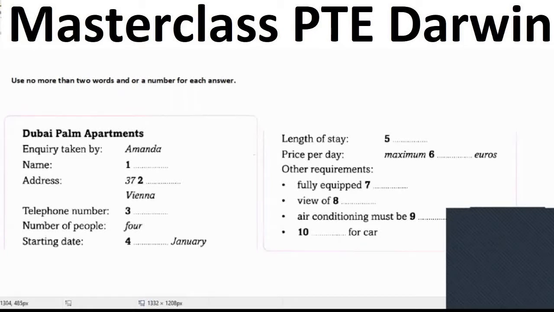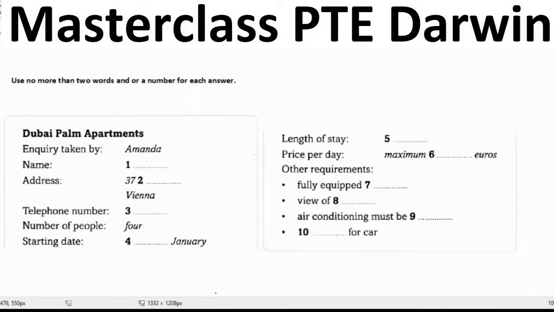Exercise 5. Dubai Palm Apartments, Amanda speaking. How can I help you? Oh, hi, Amanda. I'm ringing to inquire about a holiday apartment for the month after next. Okay, no problem.